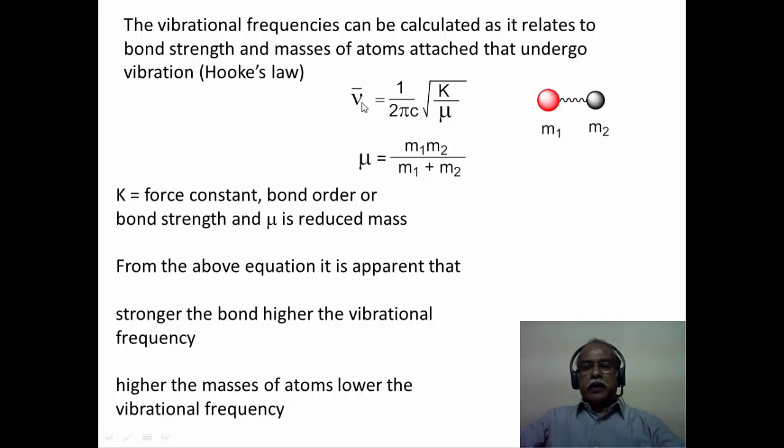K and nu are directly related to each other, whereas the higher the mass, the lower the frequency, because the reduced mass is inversely related to the wave number or the frequency of the vibration. So these are the 2 important parameters, namely the force constant, which is related to bond order or bond strength, and the reduced mass, which is related to the masses that are connected to the bond that we are considering for the stretching motion.